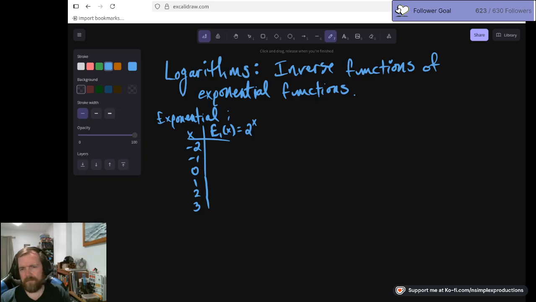Make it nice and easy. What we have here is that at 1, we're just going to get 2 to the first. At 2, we're going to get 2 squared, which is 4. And at 3, we get 2 to the third, which is 8.